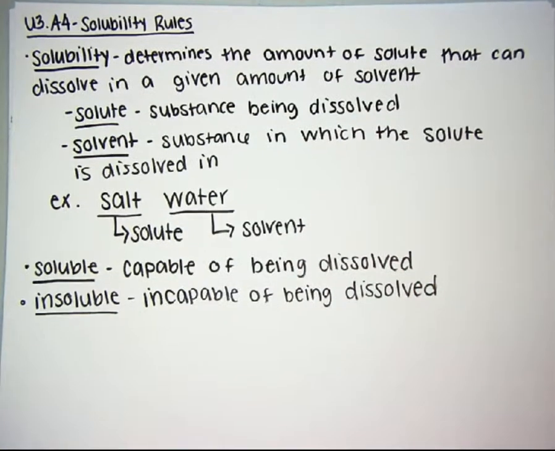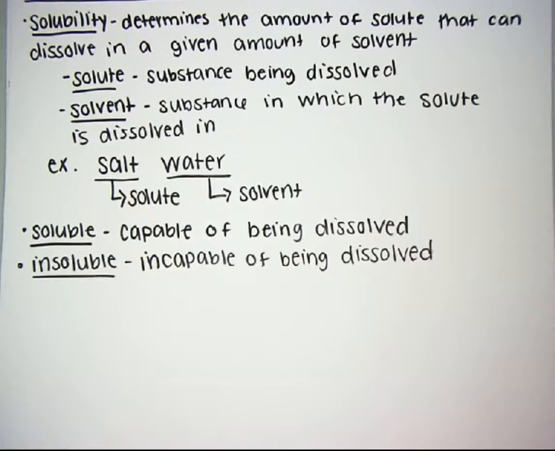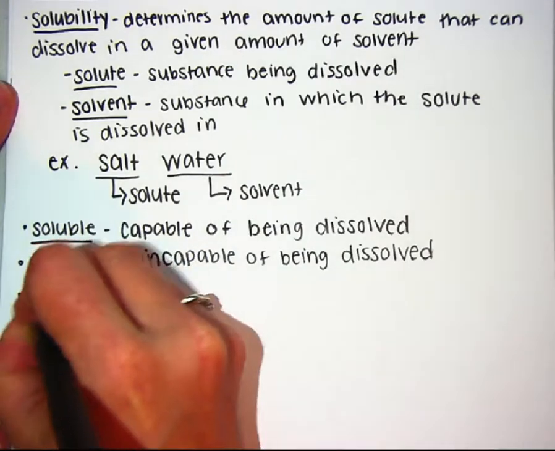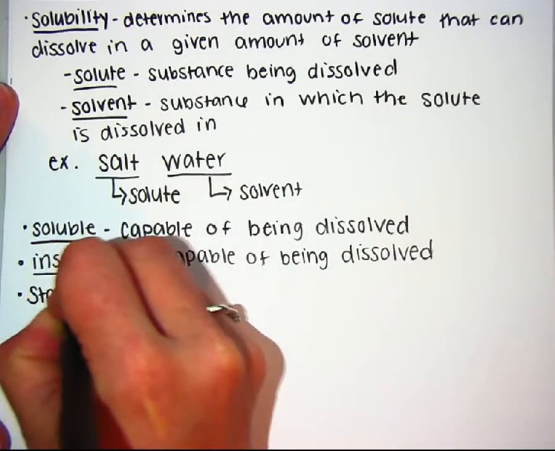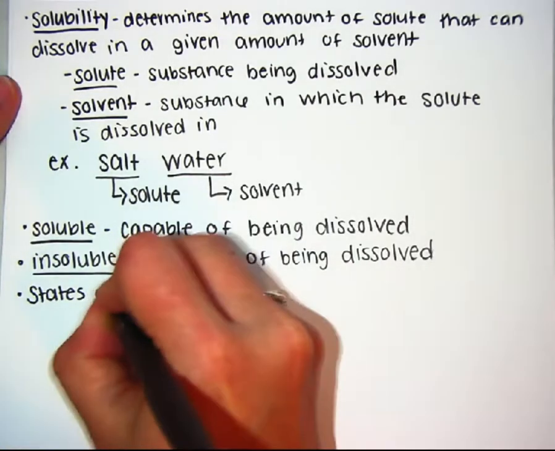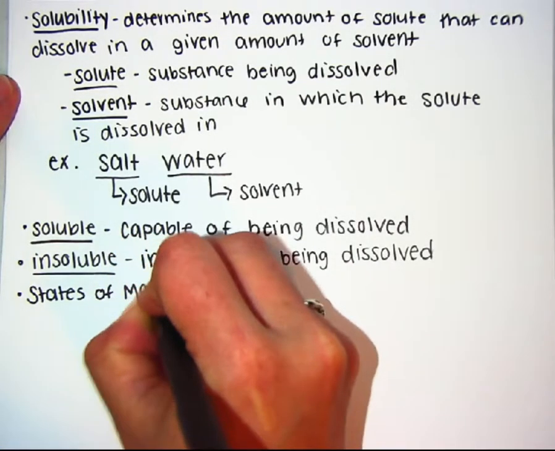So why does this matter for ionic compounds? When we continue with this acquisition, you're going to have to include the state of matter when we write an ionic compound reaction. You're also going to need to predict solubility in order to do net ionic equations, which is our next topic. So let's say you have to predict the products of an ionic reaction, and it says to include the states of matter.